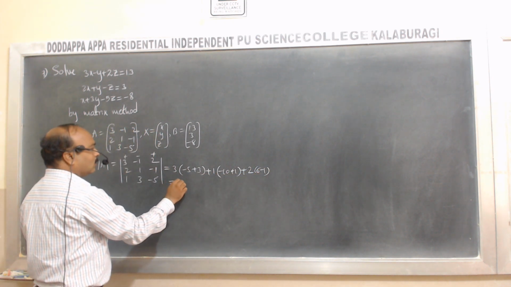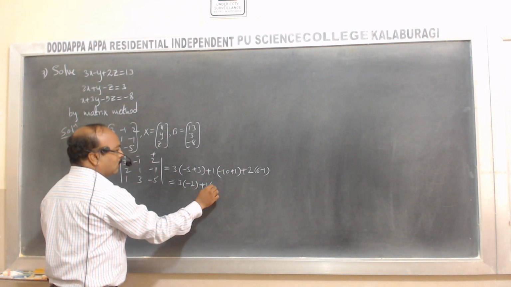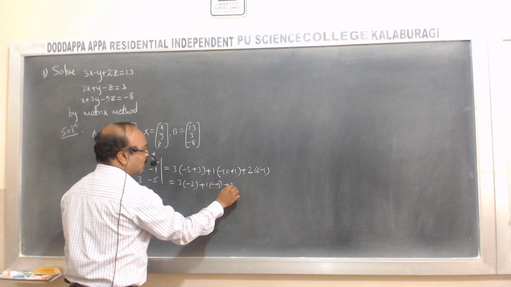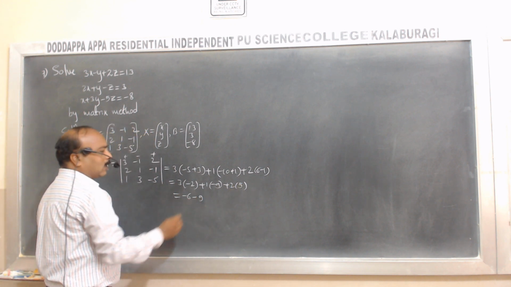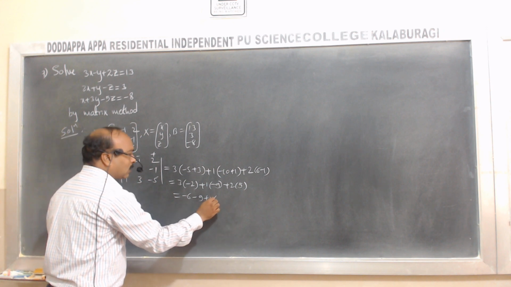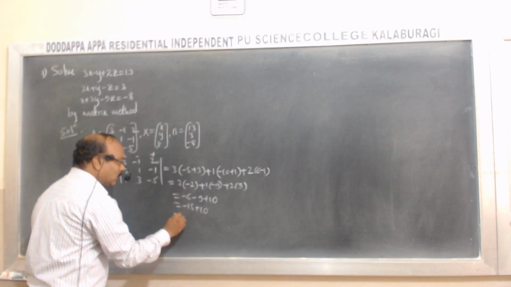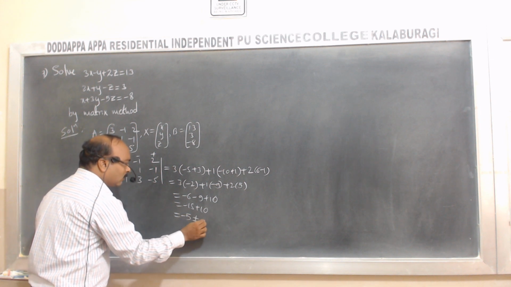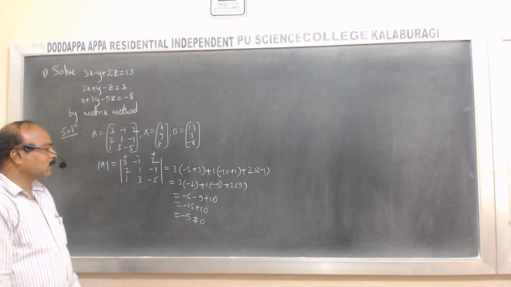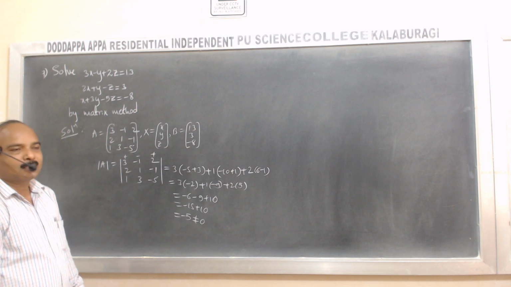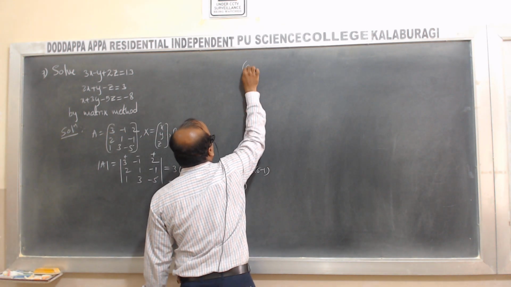So this is equal to 3 into minus 2, plus 1 into minus 9, plus 2 into 5. Now it is minus 6 minus 9 plus 10, minus 15 plus 10, it is minus 5, which is not equal to 0. Hence it is a non-singular square matrix. Inverse will exist.